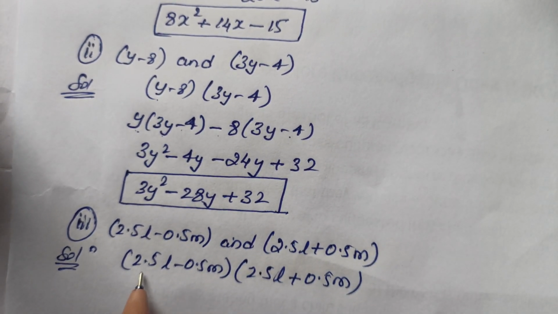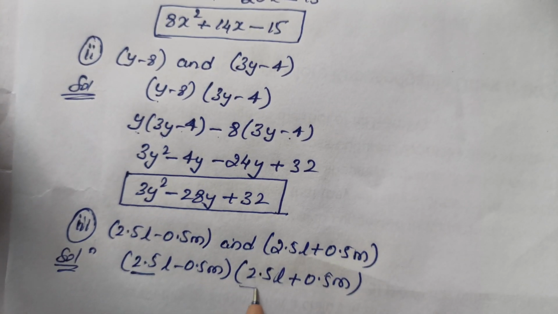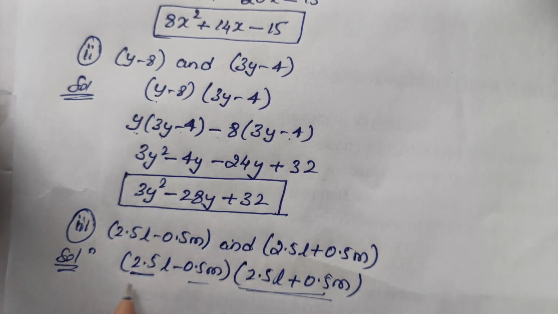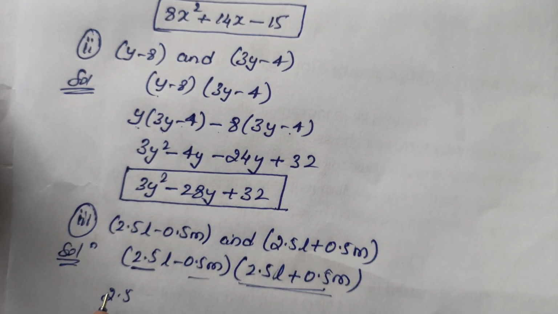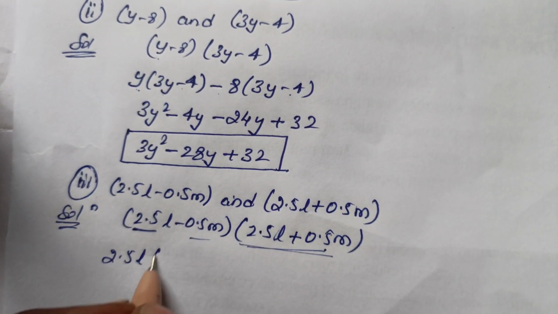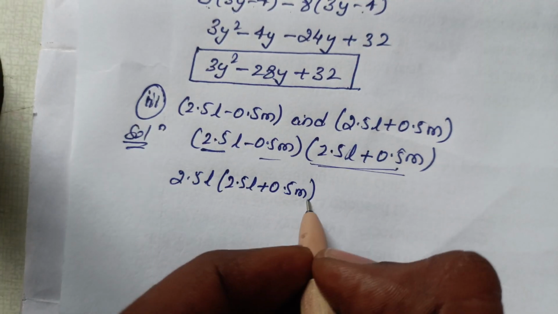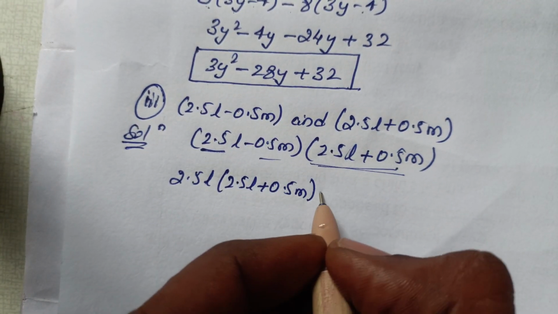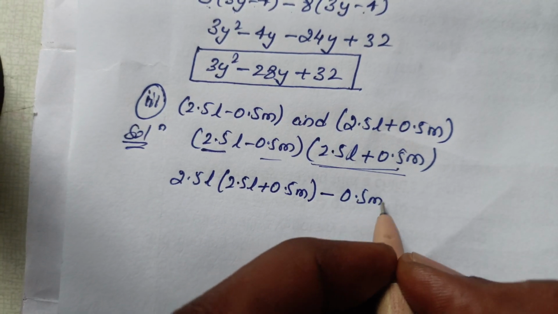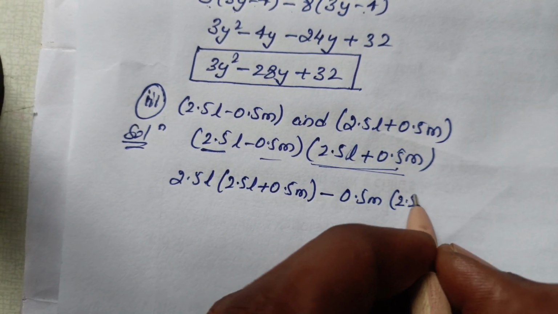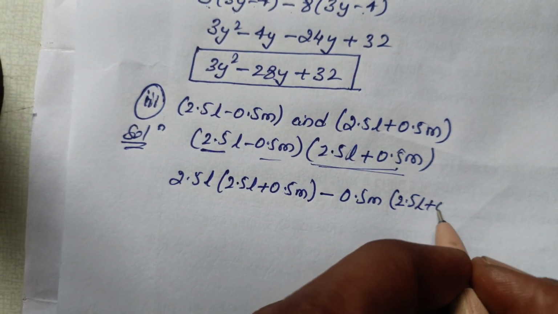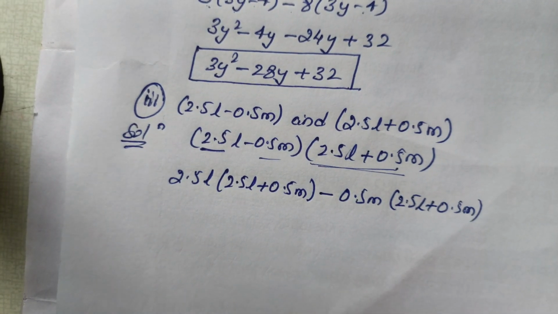So now multiply this term with the entire term, again this term with the entire term. Let's see, 2.5 l into (2.5 l plus 0.5 m). Now minus, as it is, 0.5 m into (2.5 l plus 0.5 m).